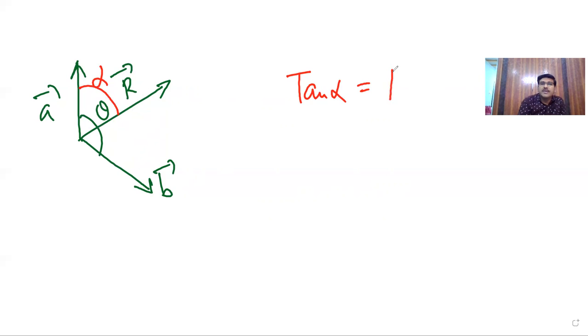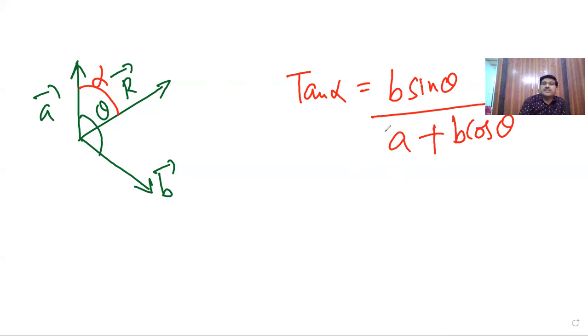remaining is the other, B sine theta by, with which it is making, that is A plus B cos theta. With which it is making, you have to leave that. Remaining is B sine theta by A plus B cos theta.